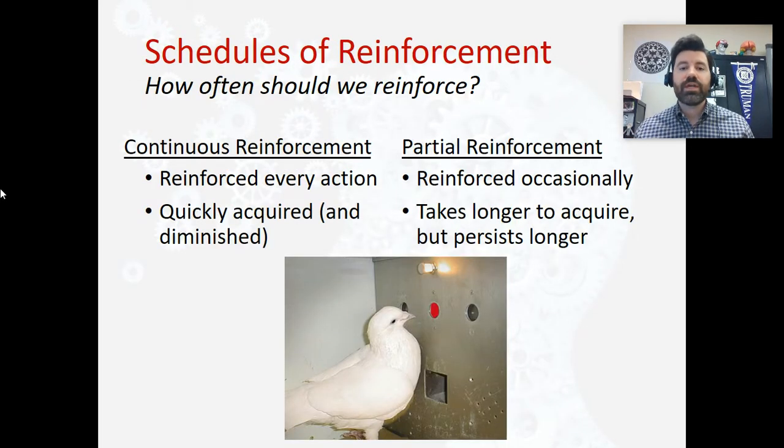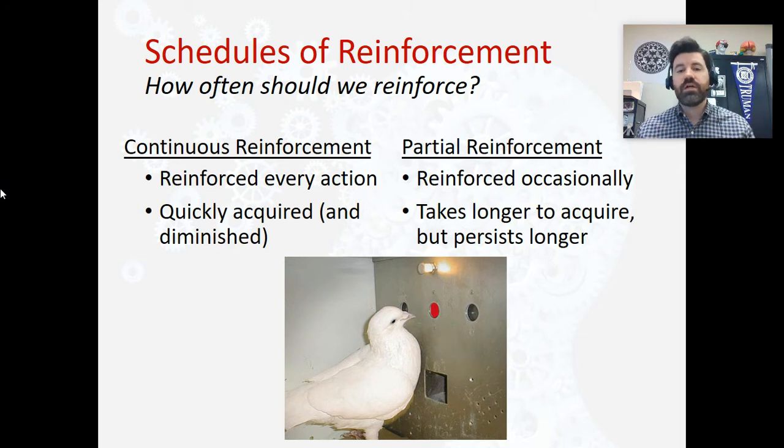If we look at schedules of reinforcement, I want you to recognize that the first division is between what we call continuous reinforcement and partial reinforcement. Continuous reinforcement's pretty easy. You are reinforcing every single time somebody does an action. For example, take the picture on the screen. We've got that pigeon in a Skinner box.